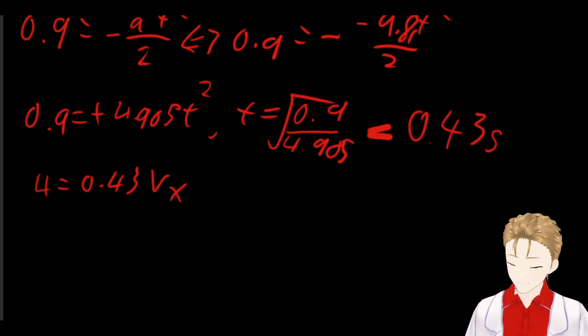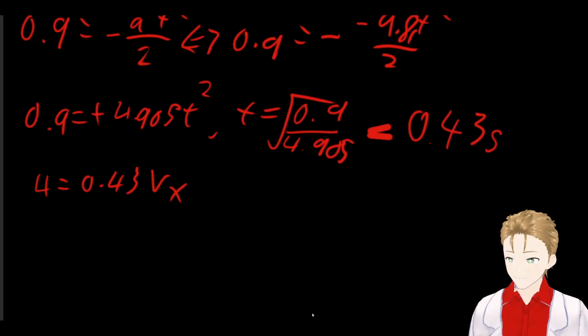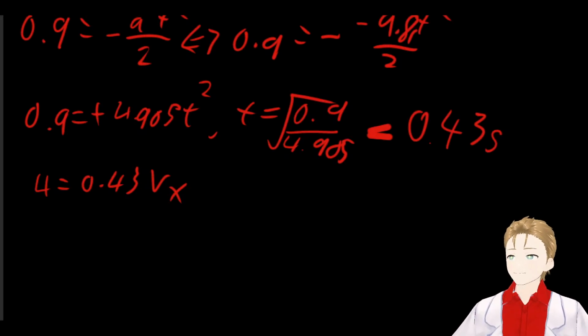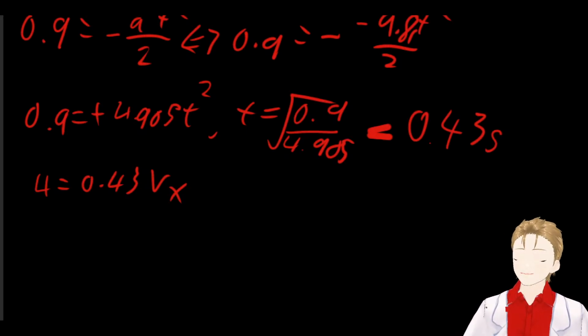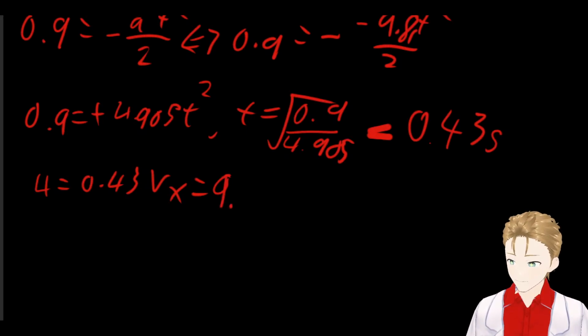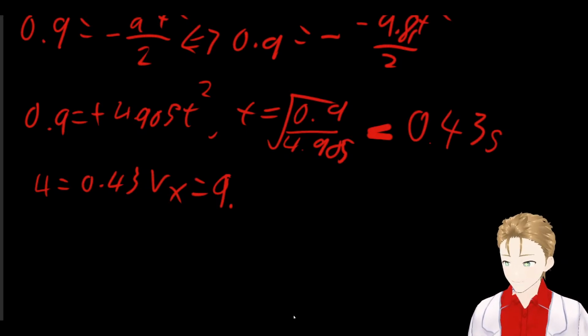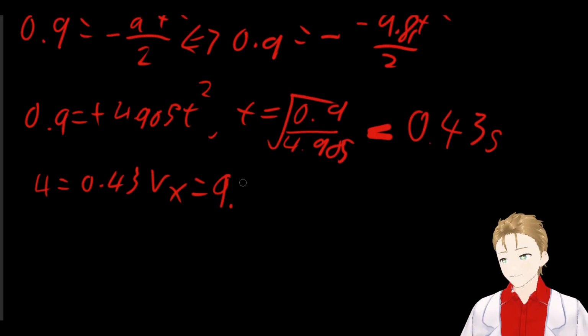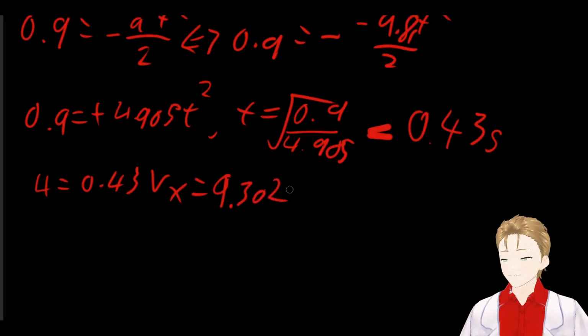So we get 41.3. It was 9 point what? What is it? 302? Does it make sense?